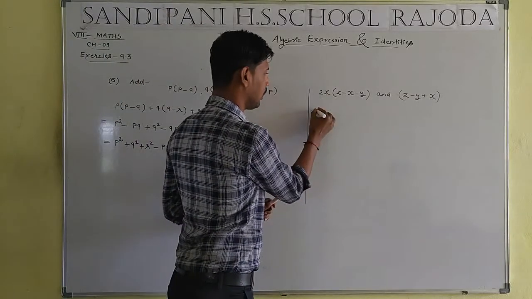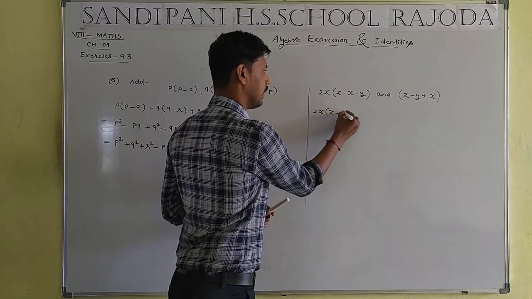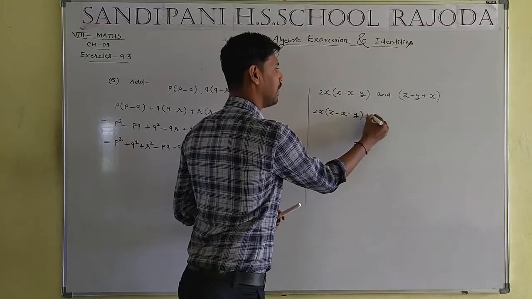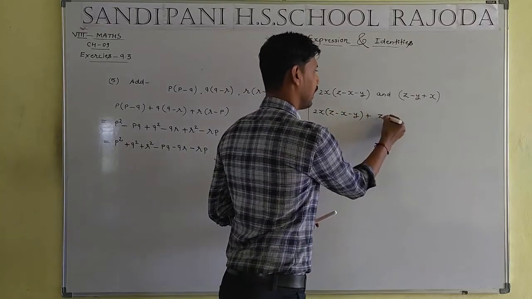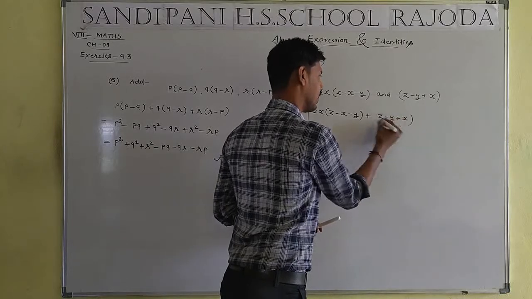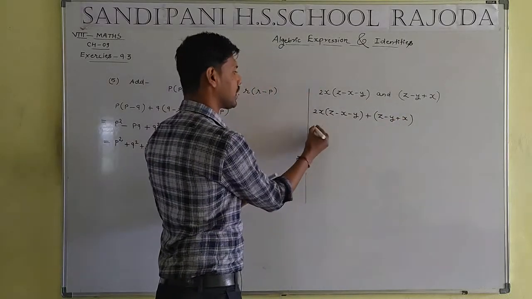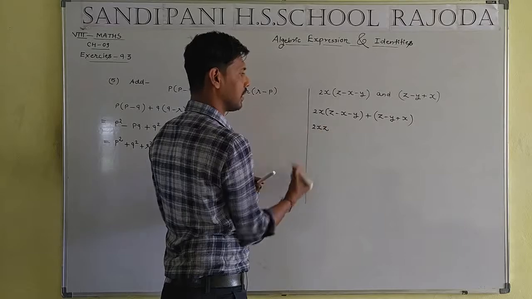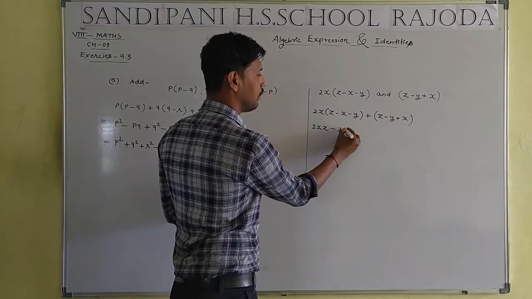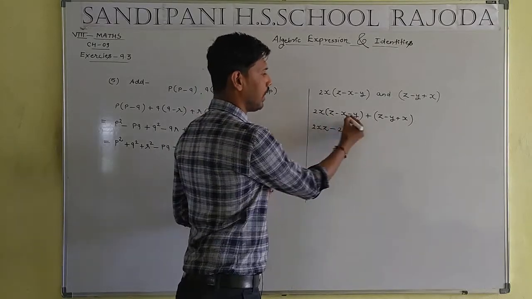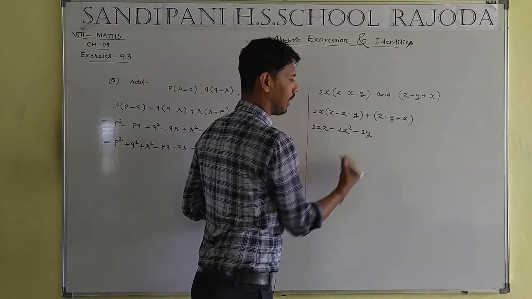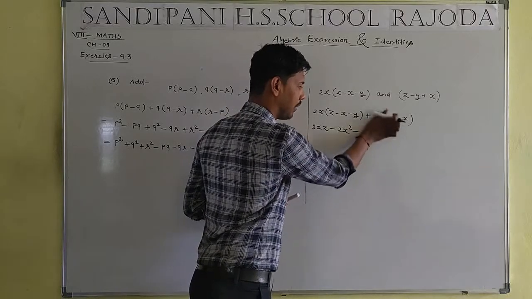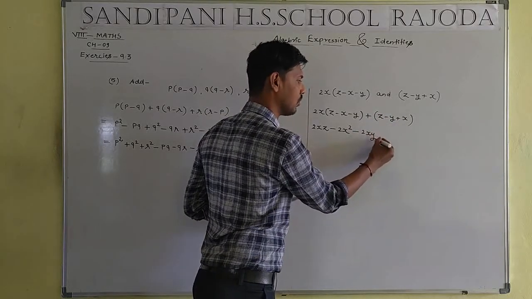Now second part, 2x z minus x minus y plus z minus y plus x. Okay, student, now 2x multiply by z, 2x multiply by x, 2x multiply by y, 2x multiply by y, then we are getting 2xy.